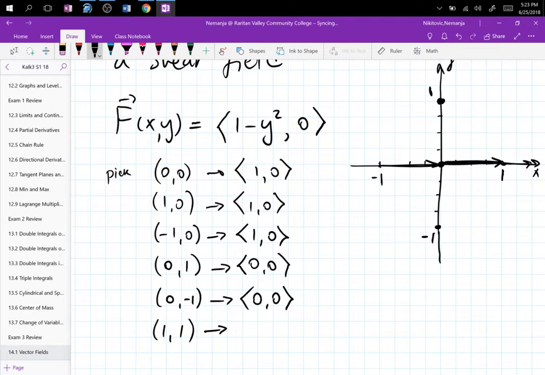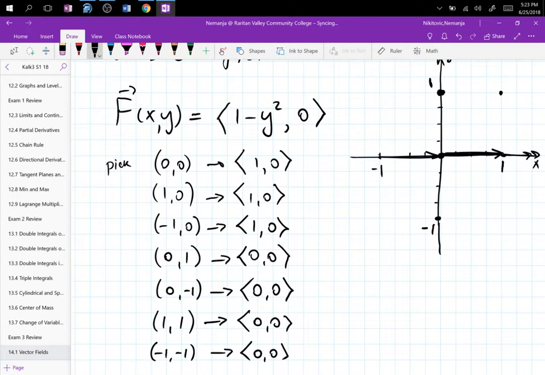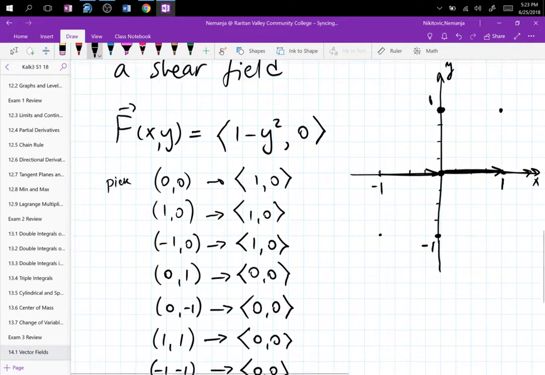If you pick 1, 1, it's still vector 0, 0. Still a dot. If you pick negative 1, negative 1, it's still 0, 0. We should do 0, 2.